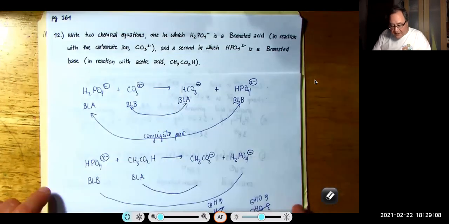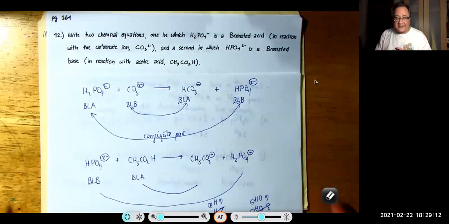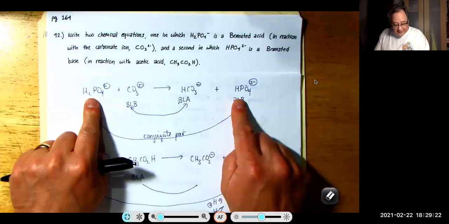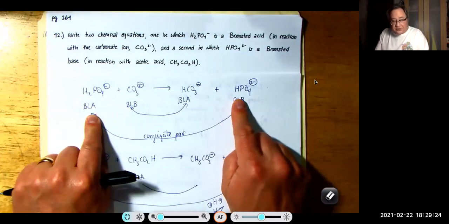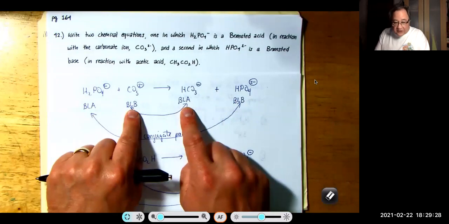And when you're looking at pairs, how do you know which one is the base and which one's the acid? The answer is really easy. The one with more hydrogens is the acid. So between these two, H2 or more hydrogens, that's the acid. Between these two, there are no hydrogens in CO3, so this one that I'm tapping is the acid.